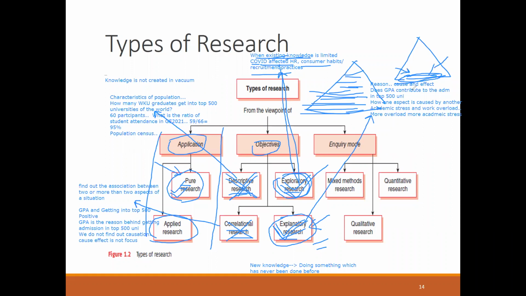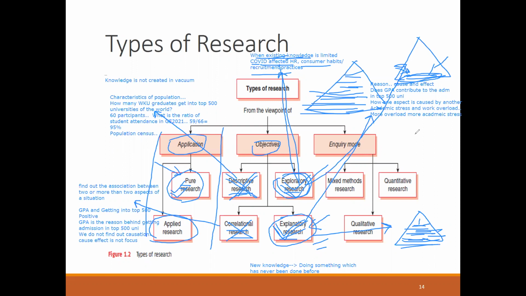It will be difficult for you, but in the case of explanatory research, the field will be like this. Most of the things would have already been done, and you just need to do something which has not been done before. So in explanatory research, your knowledge pyramid will be like this, but in exploratory research, it will be like this.